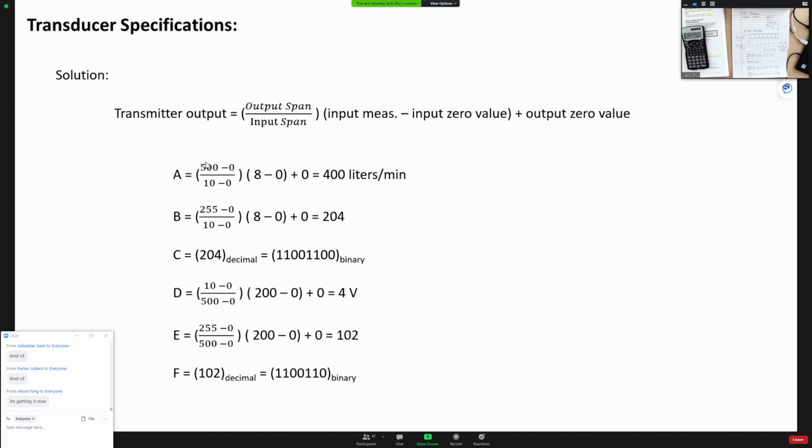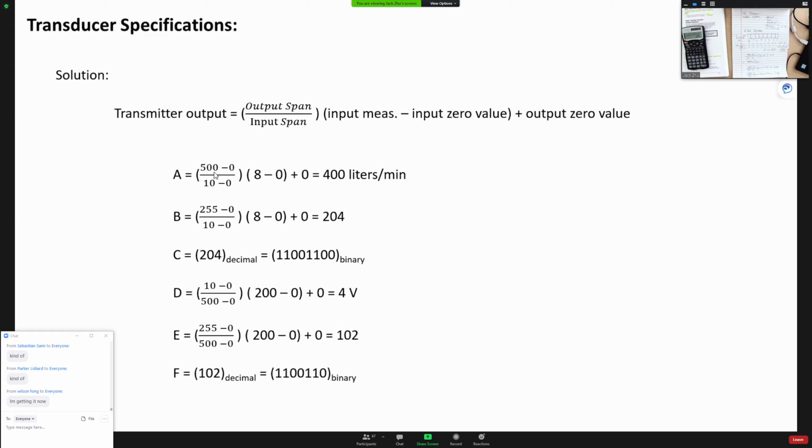So instead of what we did before, 100 degrees to 30 degrees, right? Because we have 8 volts, the voltage range is 0 to 10 volts instead of 4 to 20 milliamps.